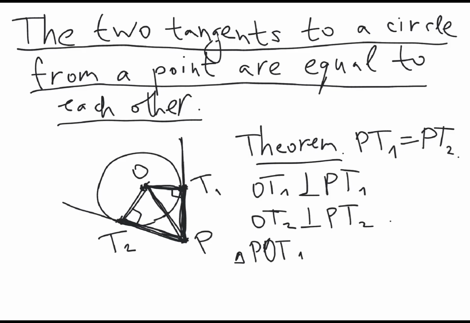When we consider POT1 and the triangle POT2, these are two right triangles with the same hypotenuse and one other side equal. There is a theorem that says that in this case the triangles are equal to each other, and then we conclude that the third side is equal. But we can prove this theorem here as a side note.